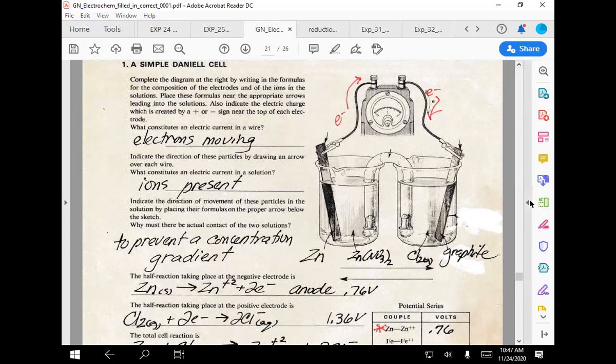And so this is a specific example where we're using zinc, we're using graphite, we're using zinc nitrate, and then it's bubbling chlorine gas into the solution. And it's a very nice picture or drawing of the salt bridge. And so it's answering the question, why must there be actual contact of the two solutions? That's to prevent a concentration gradient.